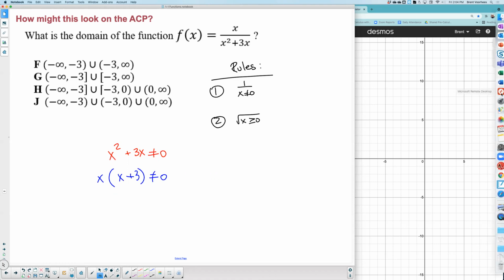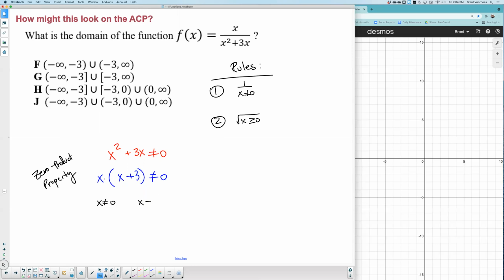And according to the zero product property that we learn in Algebra 2, the zero product property states that if you're multiplying and you're ending up with a product of 0, or in this case does not equal 0, doesn't matter what inequality or equality symbol you have, as long as the product itself is 0, what you can do is set each one individually. So I could say that x itself does not equal 0 and x plus 3 does not equal 0. I could take each factor and set them as not being equal to 0.